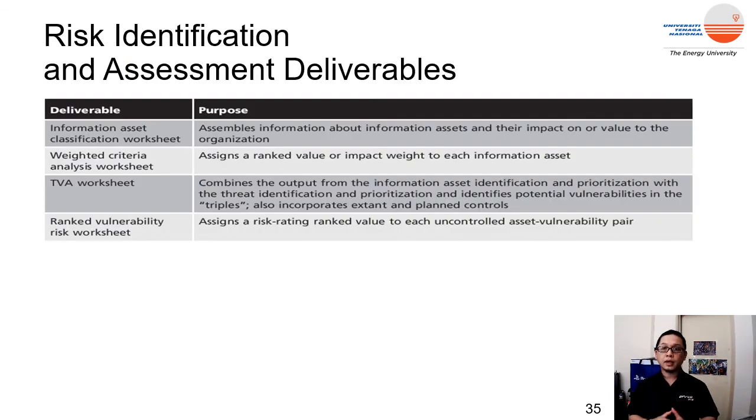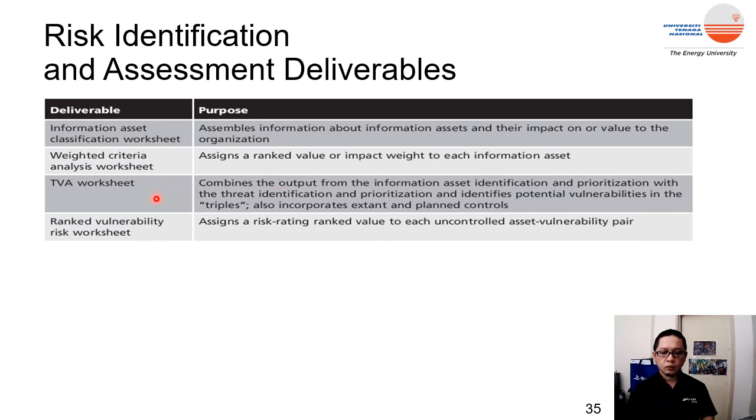As a general guideline, the information asset classification worksheet has the purpose of assembling information about the information assets that you are prioritizing in your organization. Secondly, the weighted criteria analysis worksheet: you want to assign a rank value to each of the assets that you have identified.